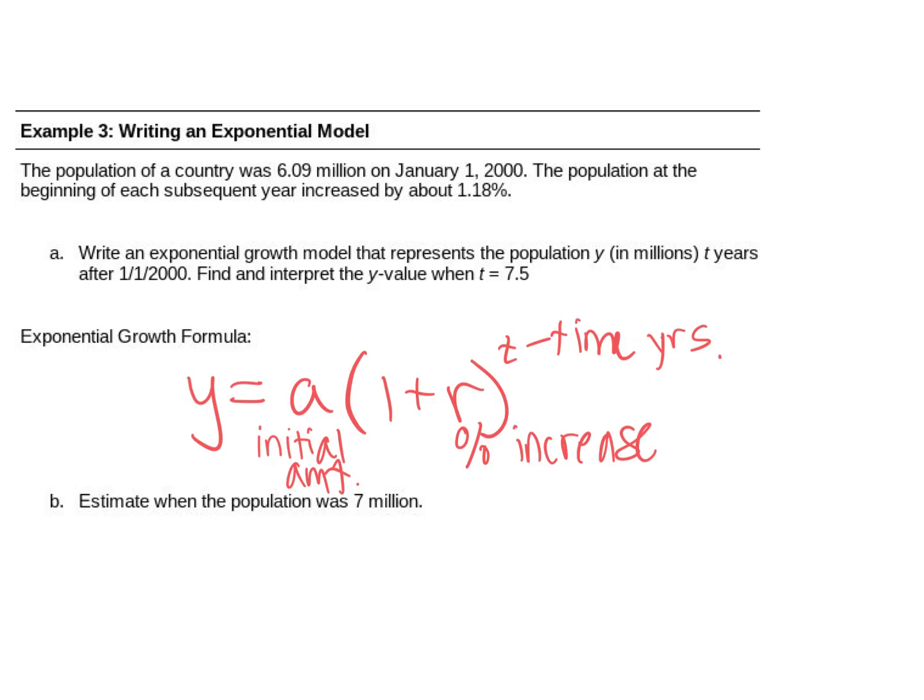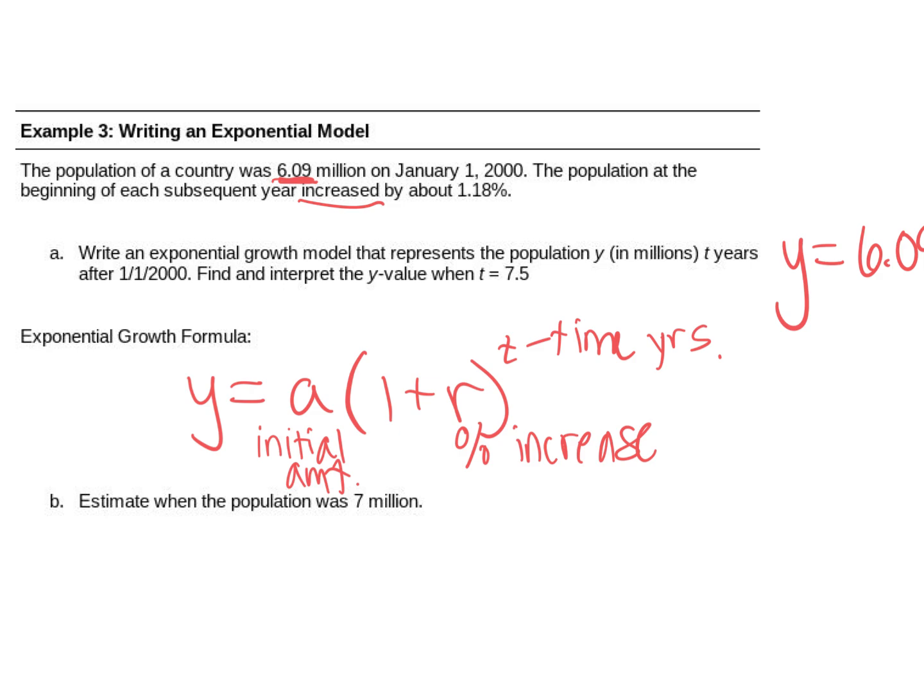Okay, so our function here, we have a starting amount. The population of the country was that amount, so 6.09, so that's your A value. And the population increased, so we have a growth model here. So we're going to go 1 plus, and if this is your percentage, okay, sorry, that's 1%.